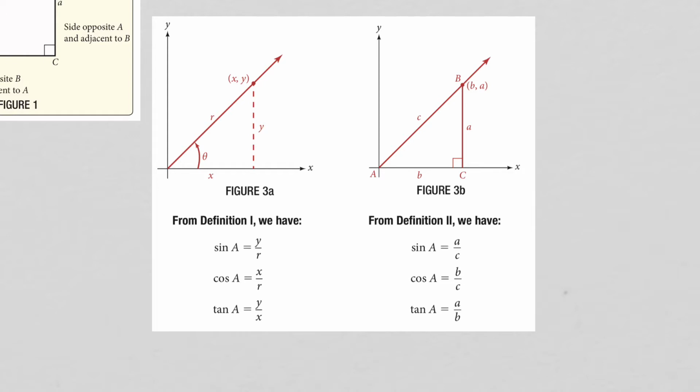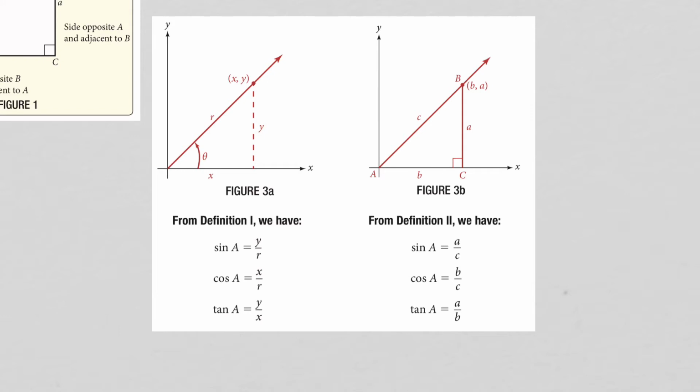And from here, we know that sine of this angle, theta, which I'll think of as the angle A, is y divided by r. Cosine is x divided by r. And tangent is y divided by x.